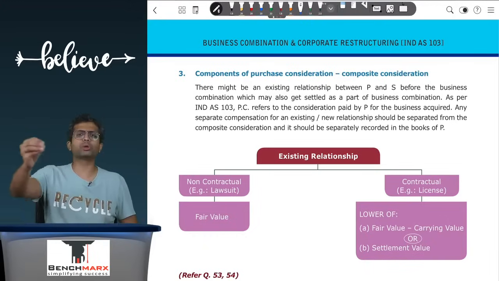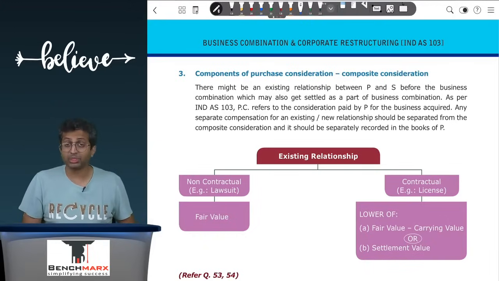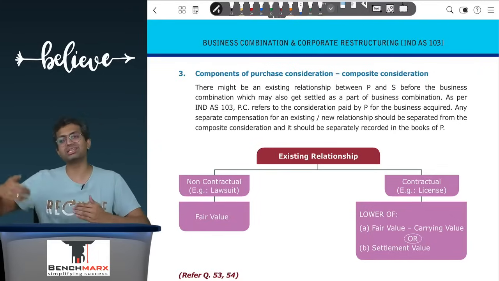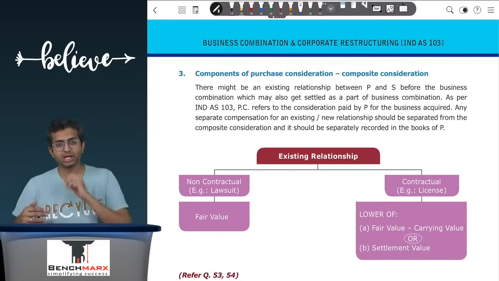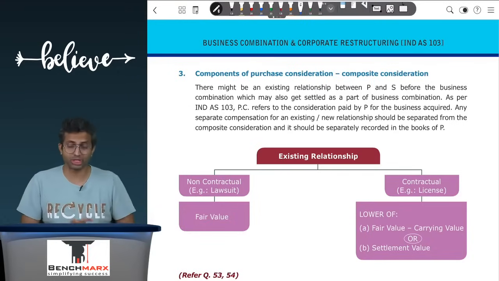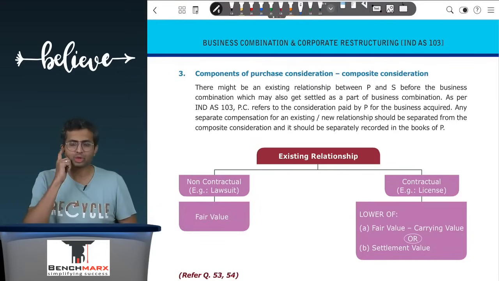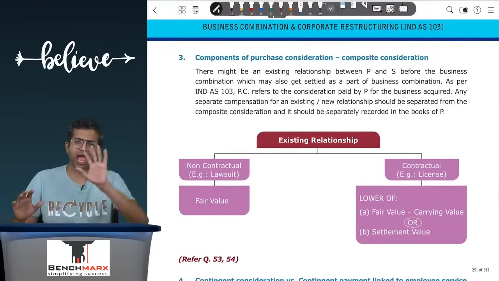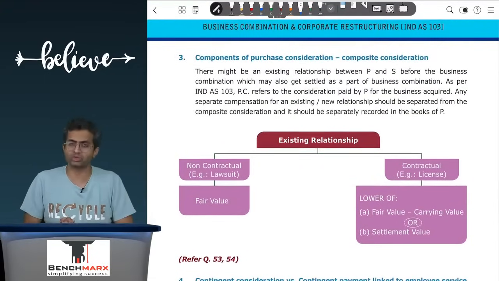So you might agree to pay 500 rupees to the selling company, but out of 500, maybe 20 rupees is attributable to the settlement of an ongoing litigation, in which case your purchase consideration for business is only 480, whereas 20 is attributable to settlement of an existing non-contractual relationship, because it was a lawsuit, there was no contractual relationship, in which case the difference over here of 20 will be taken separately, and your business combination working will be done based on 480 only.